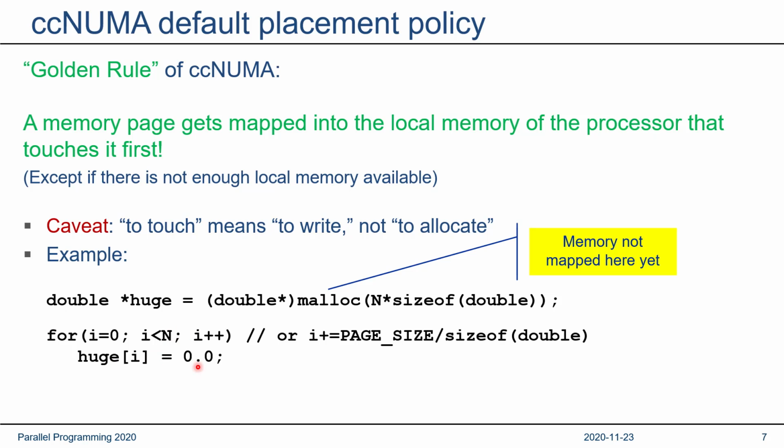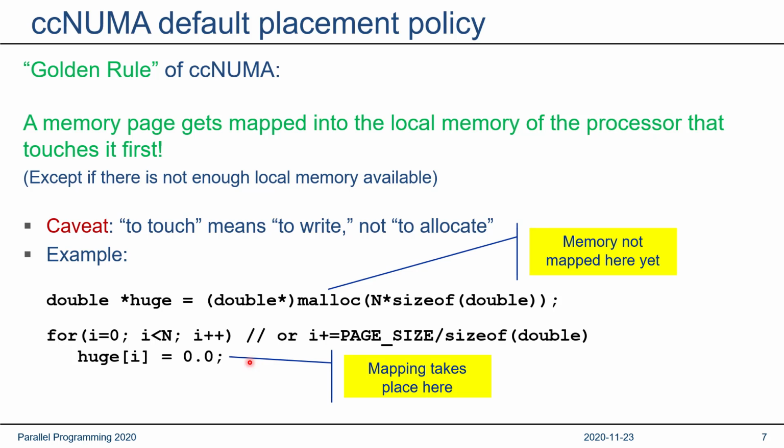So here's the initialization loop that initializes the memory to 0. Mapping takes place here. Okay, we start at huge of 0. Of course, huge of 0 was never written to before. So the first thing that happens in this loop is a page fault. And the operating system kernel has to decide where the first 4 kilobyte or 2 megabytes of this huge chunk of logical memory space should go in physical memory.